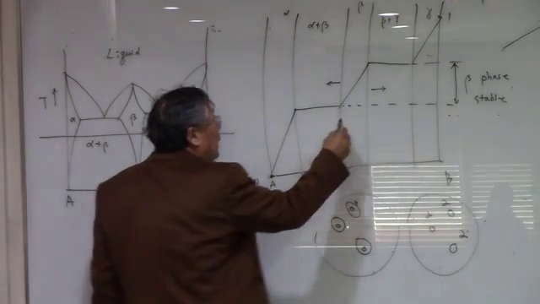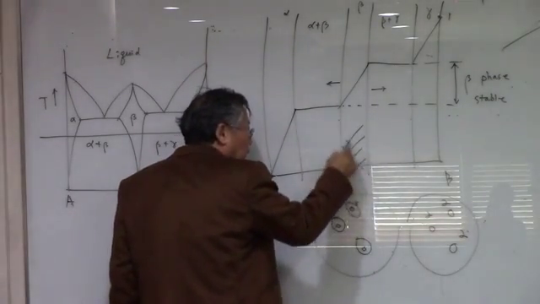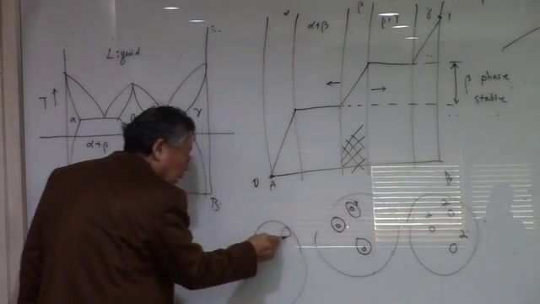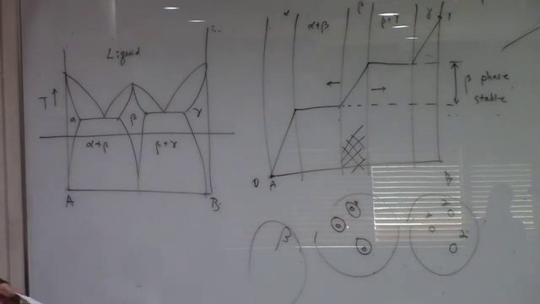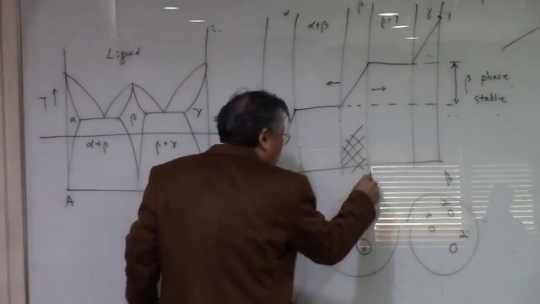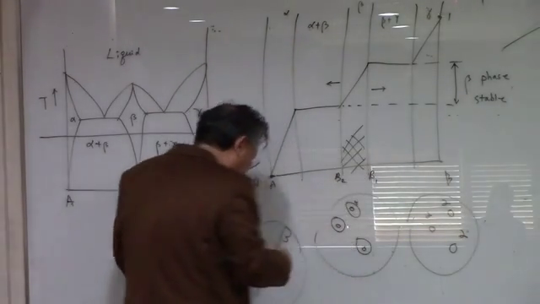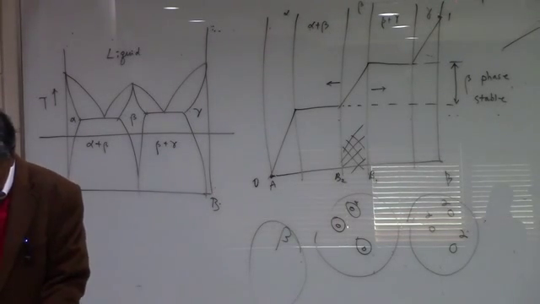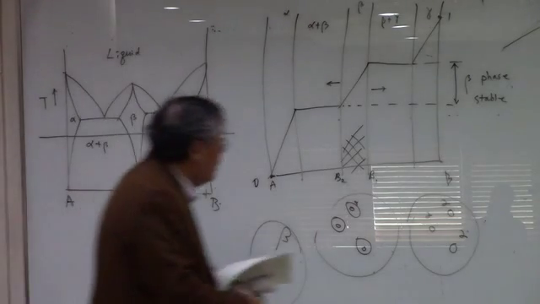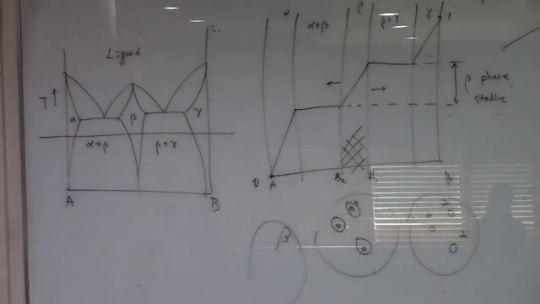So you have to stay here if you want to have a pure beta phase. It just says that you're not going to move anywhere more than B1 or less than B2 if you want to make your material stable to have a beta phase, okay? So this is very important, and we're going to get into this shortly.